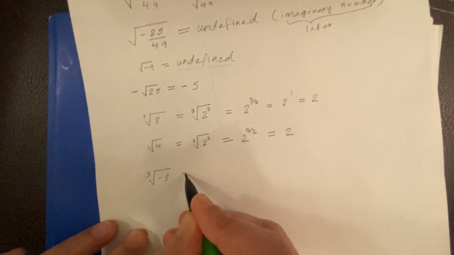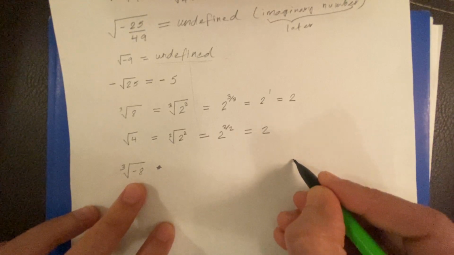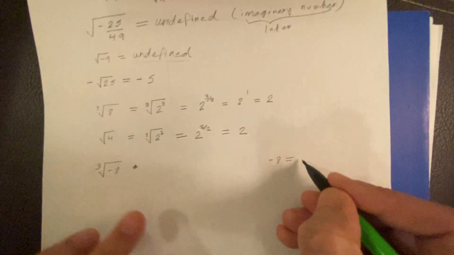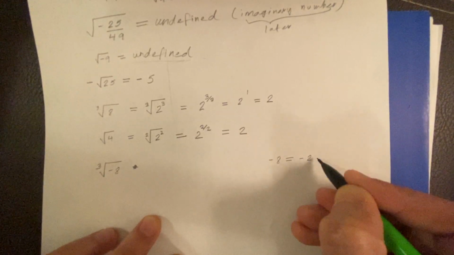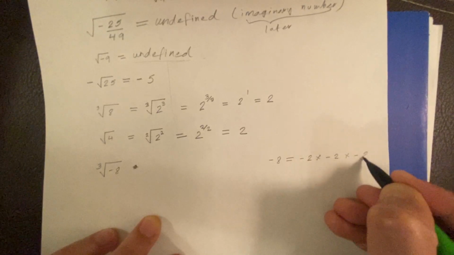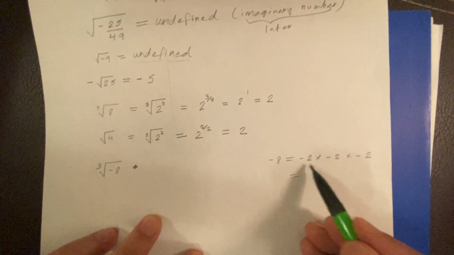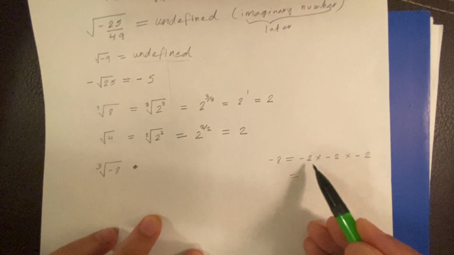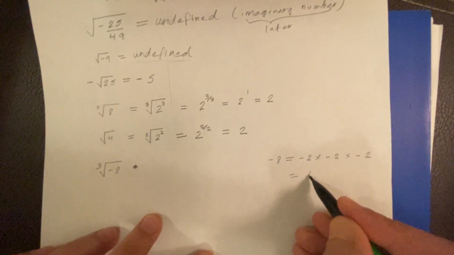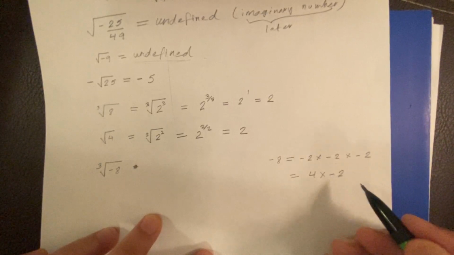So basically, -8 is also the same as -2 times -2 times -2, right? Because let's say -2 and -2, negative times negative, it's obviously positive, right? So -2 times -2 is +4, times -2, right?